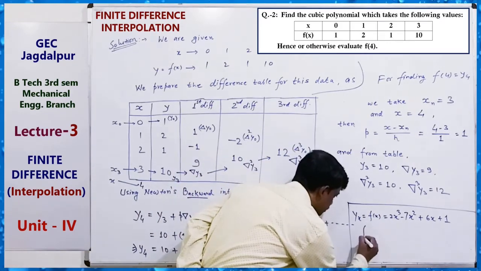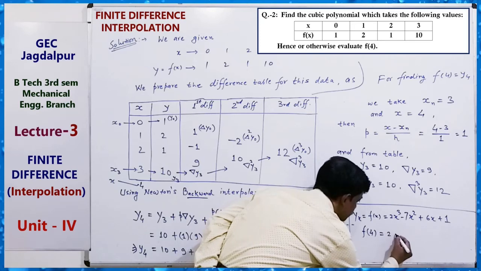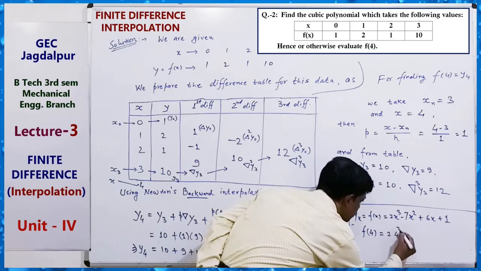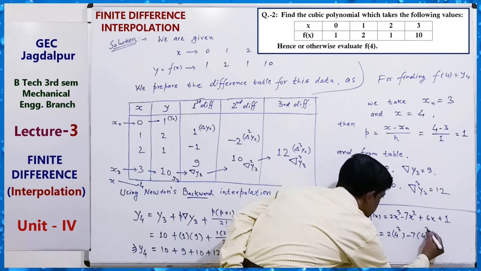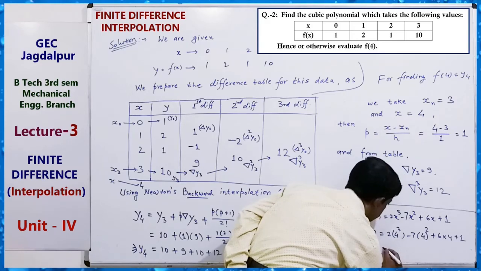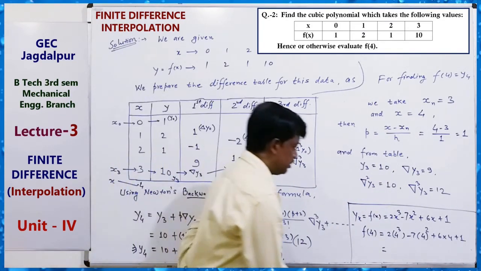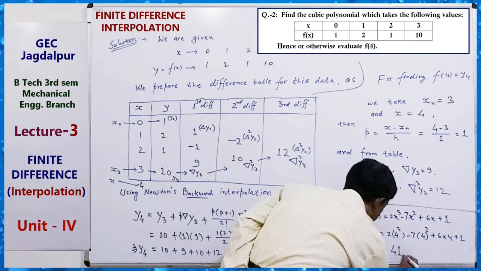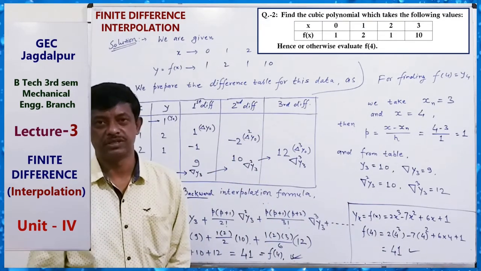X equals 4, then 2 into 4 cube minus 7 into 4 square plus 6 into 4 plus 1. Just calculate it: 41. Okay, so this is the solution of these questions.